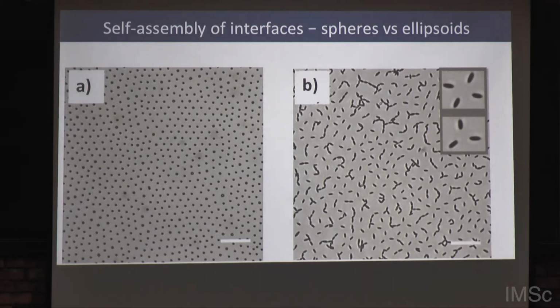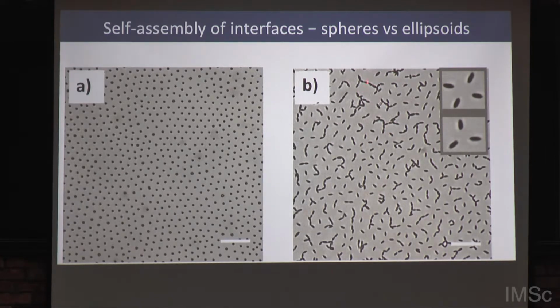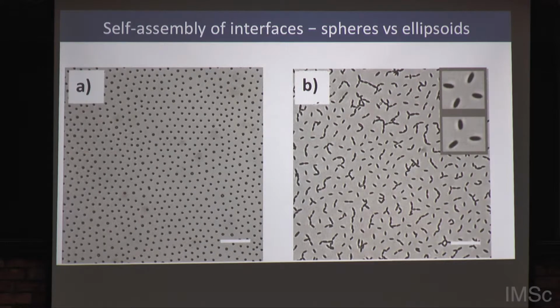Now, all I have done here is use exactly identical particles, but the particle shape has been changed. The moment you do that, you start seeing such a microstructure. What is interesting is that all these aggregates are linear chains, where the attachment between the particles occurs tip to tip.